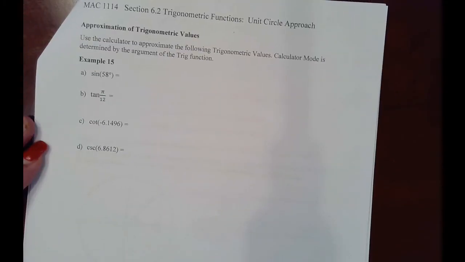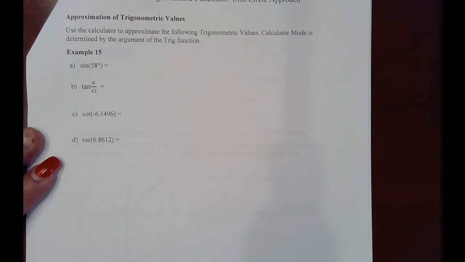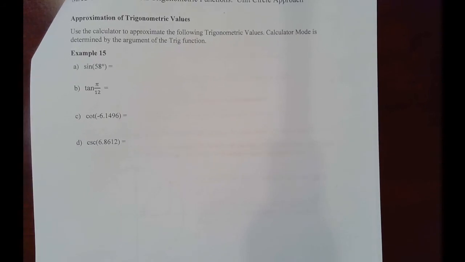And then there are the problems where you're just putting it in the calculator. I have made a little comment for you that if you're going to use your calculator to approximate trig values rather than do what we've done in 99% of this section, which is to give exact values. With exact values, you need to pull out the formula, do some drawing in certain cases, and show that you know how to do the simplifying steps that you were taught in your lower algebra courses, but continue to practice now.